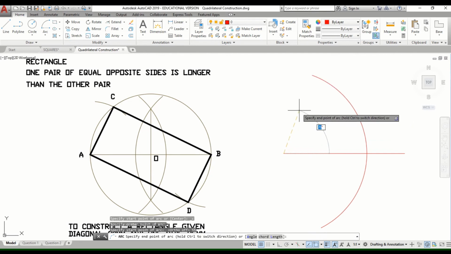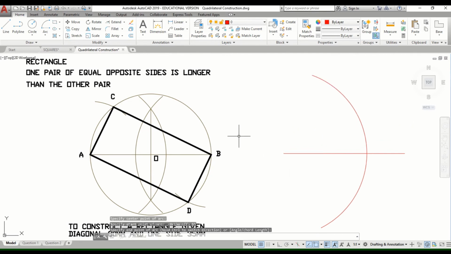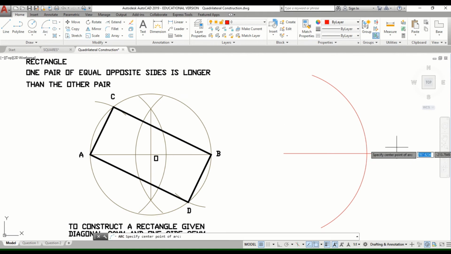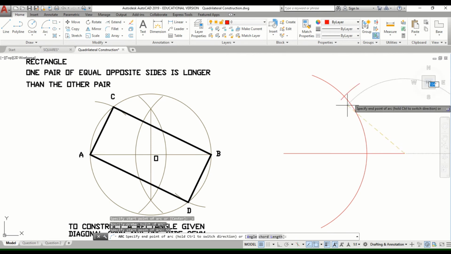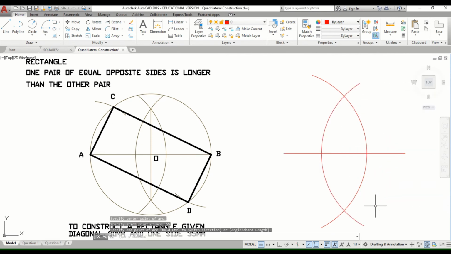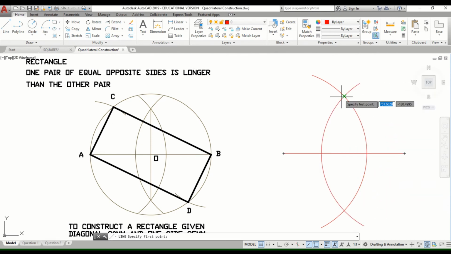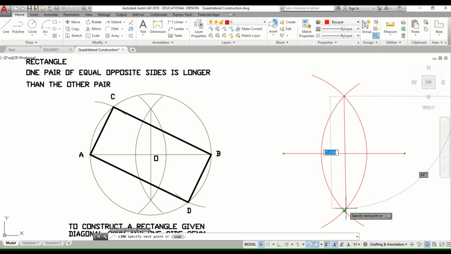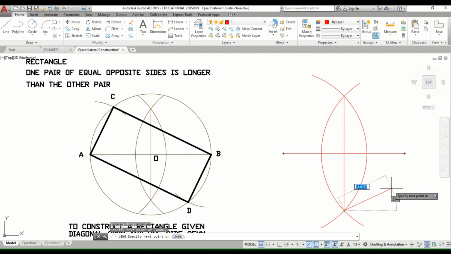Remember, bisection, we are swinging arcs, and the only thing that we need to make sure is that we use the same measurement twice, and the measurement must be greater than half the length of the line. And connect the intersections of the arcs, and we get the bisection.